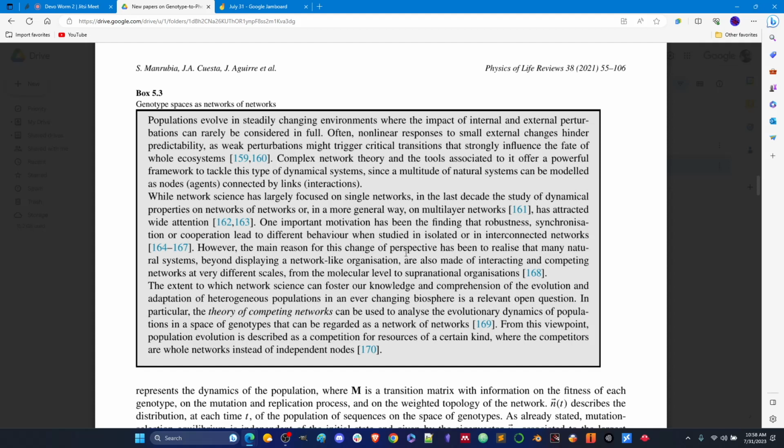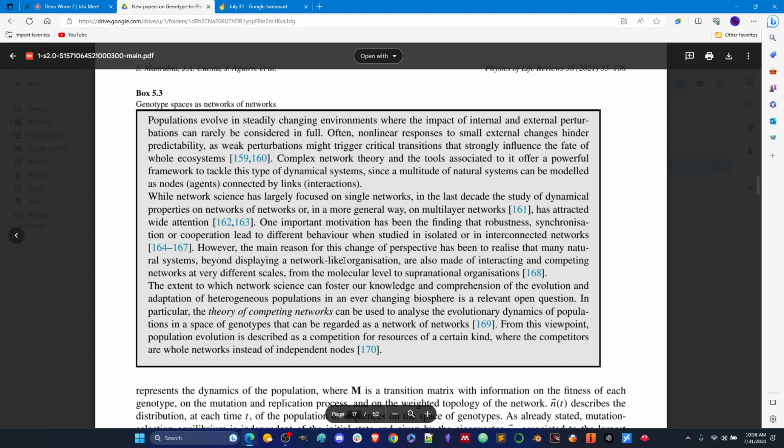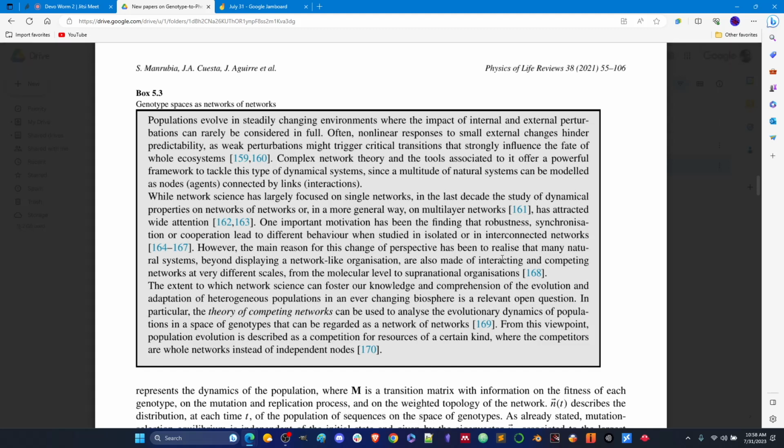The main reason for the change of perspective has been to realize that many natural systems, beyond displaying a network-like organization, are also made of interacting and competing networks at very different scales. So we have these different networks in our organism. We have molecular networks, protein interactions, gene-gene interactions.